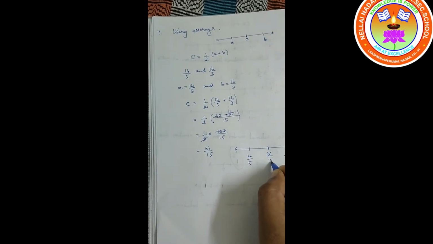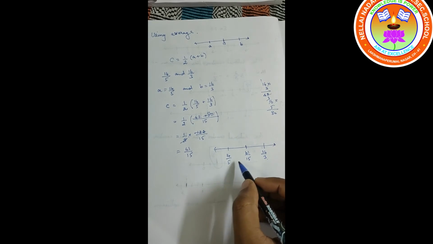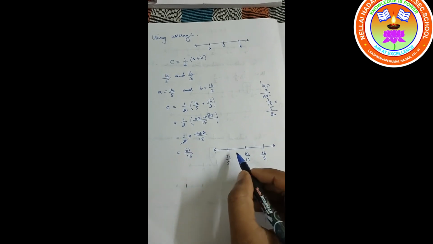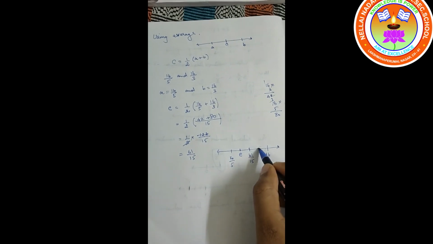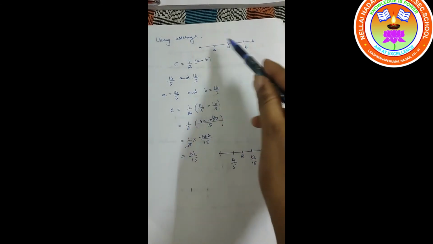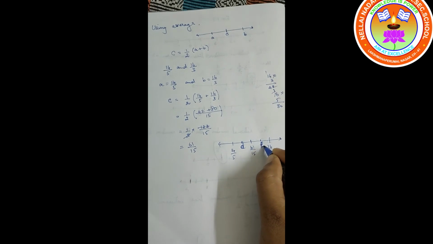Like the same way, we are going to find two more rational numbers between 14 by 5 and 61 by 15. You can take any variable. I am taking A, B, C, so you take it as D and E. That will be easy.